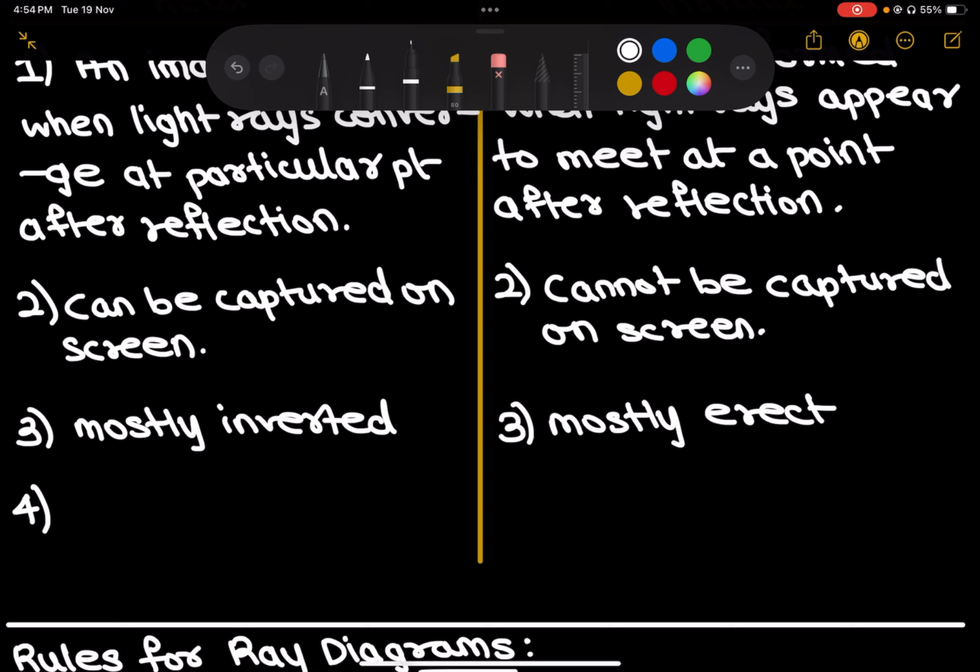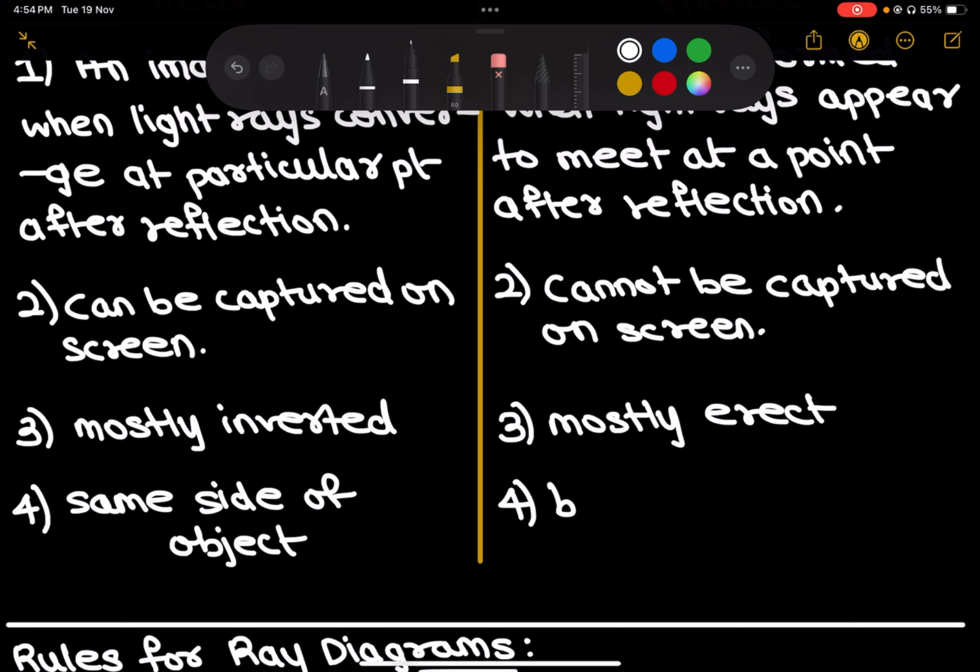Anyways, the fourth point is that a real image is formed on the same side of the object. So a real image is formed on the same side of an object, usually. Okay, same side of object. And here, it is formed behind the mirror.